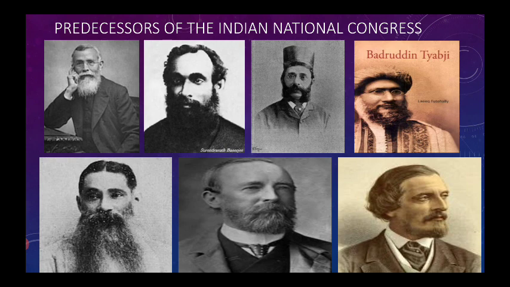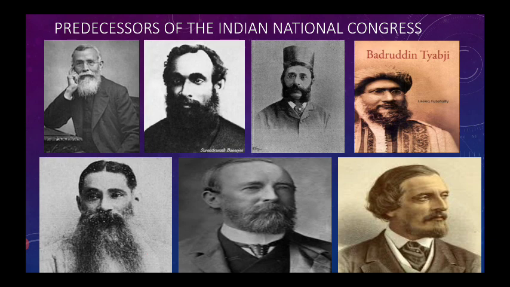After this, you can see the first picture, W.C. Banerjee, and then these are the predecessors of the Indian National Congress: Dada Banerjee, Surendranath Banerjee, Feroz Shah Mehta, Badruddin Tyabji, and W.C. Banerjee, who was the first president of the Indian National Congress.